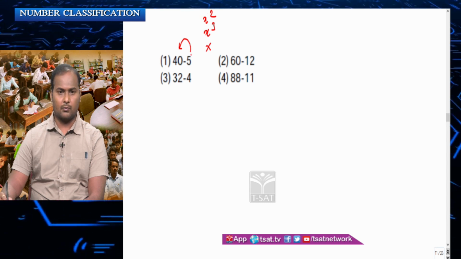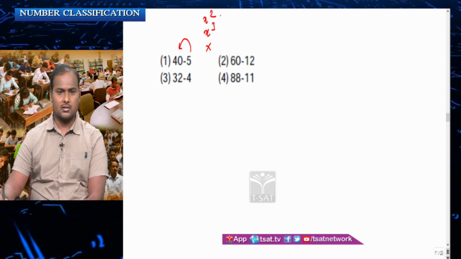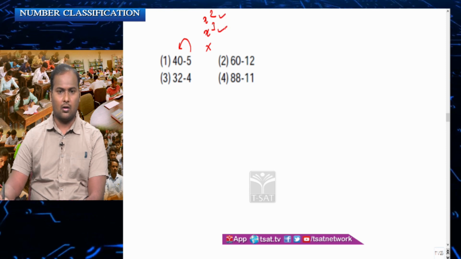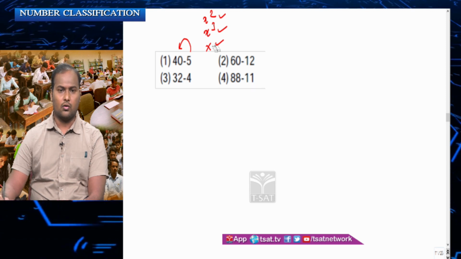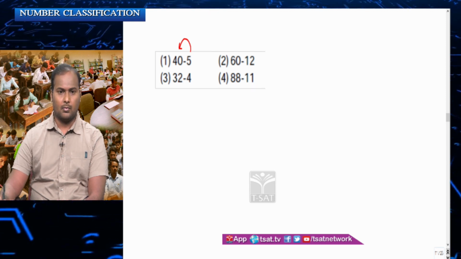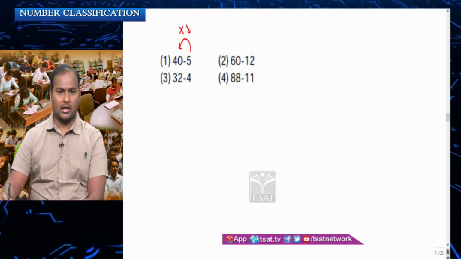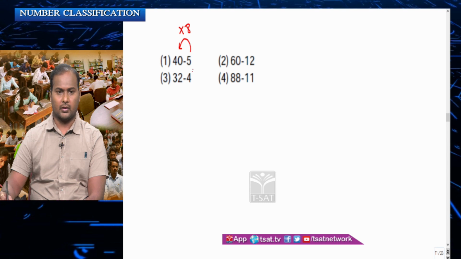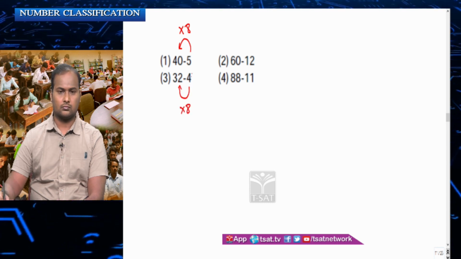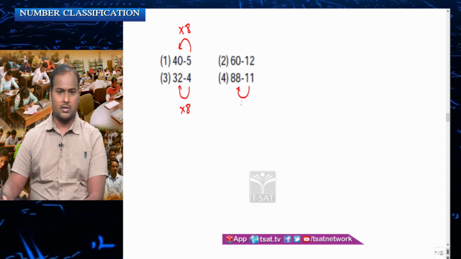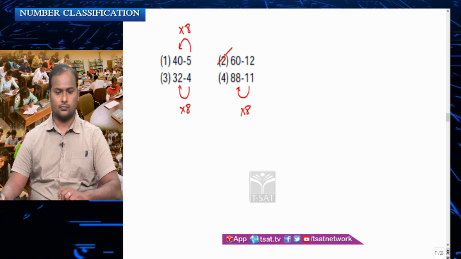The moment you see a number going from small to big, in the exam you have to analyze whether it may be a square or cube or multiplication. So try to check with these three, you may get the answer. But in this case, I directly know that 540 is 8 times: 5 times 8 is 40, 4 times 8 is 32, 11 times 8 is 88. So obviously your answer is 2.